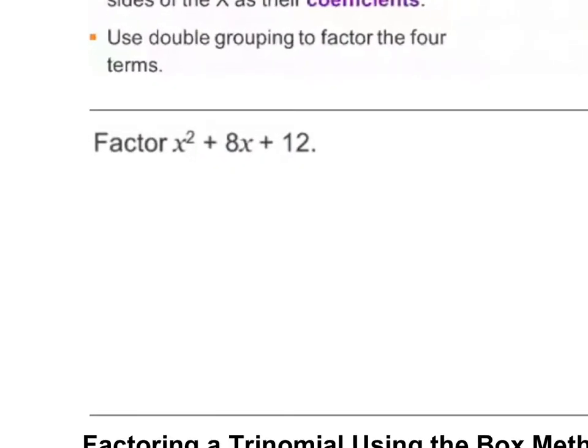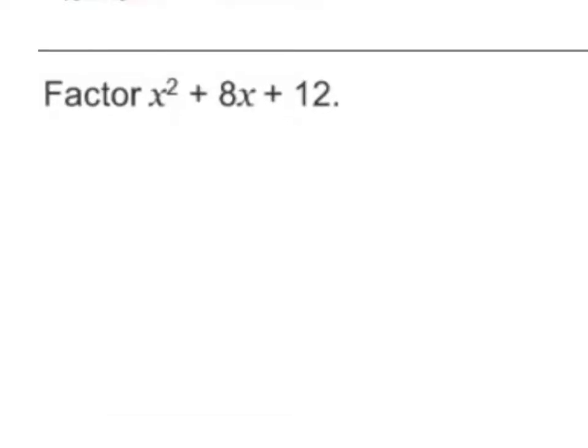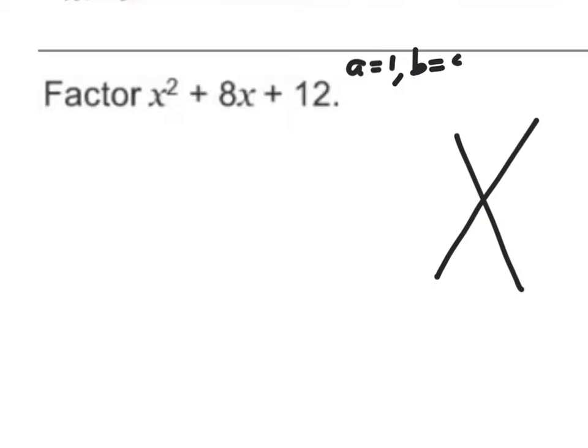So factor. I've got this example here where it's x squared plus 8x plus 12. And I'm going to draw my x. The first thing I'm going to do is identify what my a value is. A is equal to 1, here where there's nothing, and then my b value is equal to 8.